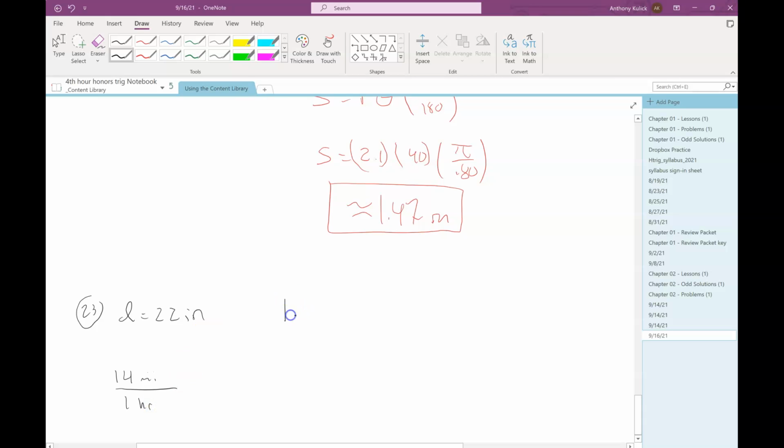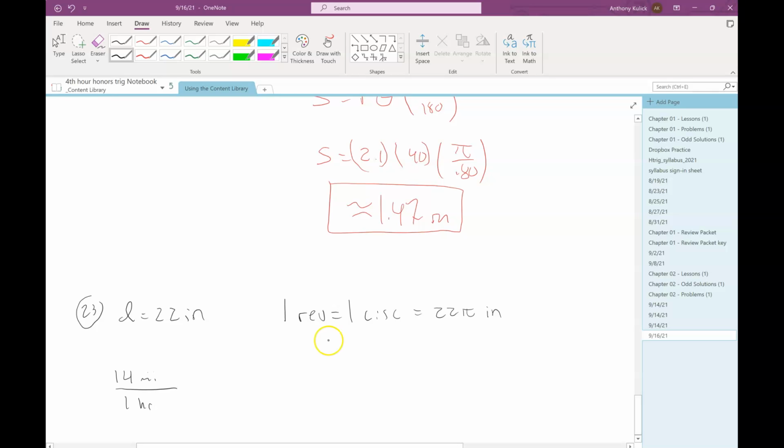So the key here is that one revolution is the same as one circumference for the tire, which in this case is the diameter times pi, so 22 pi inches. And that's going to be my key for converting linear distance, like miles, into a revolution.